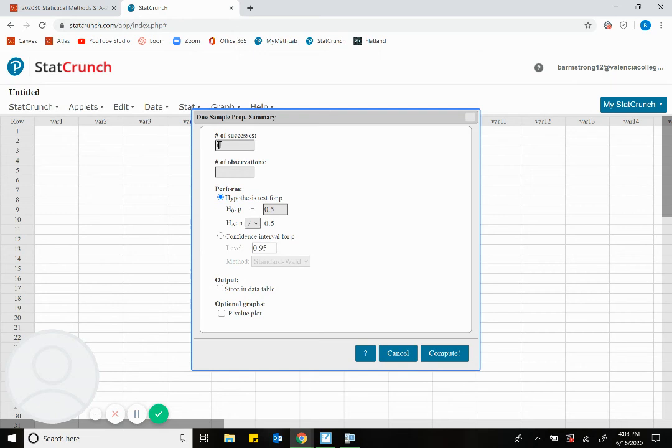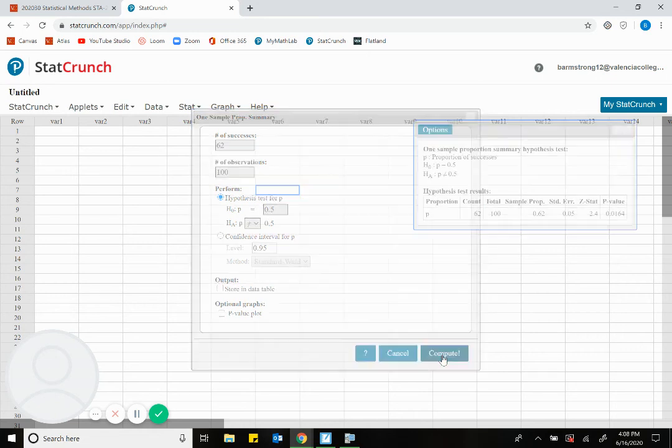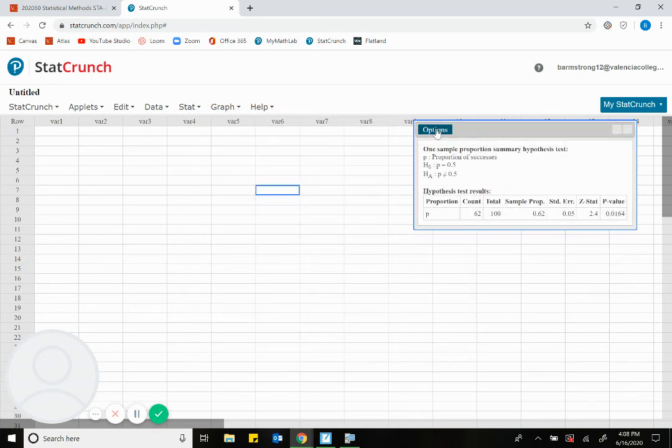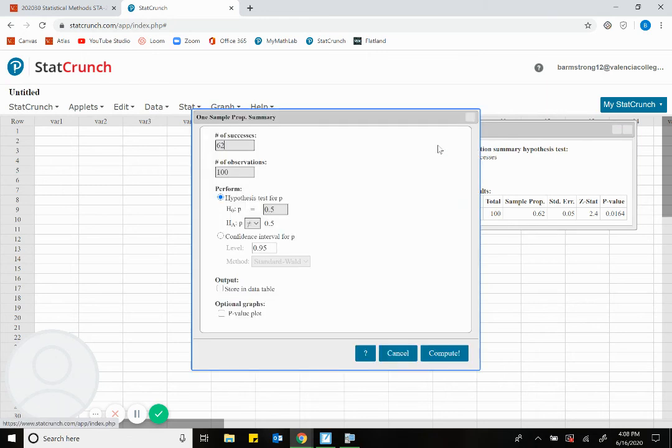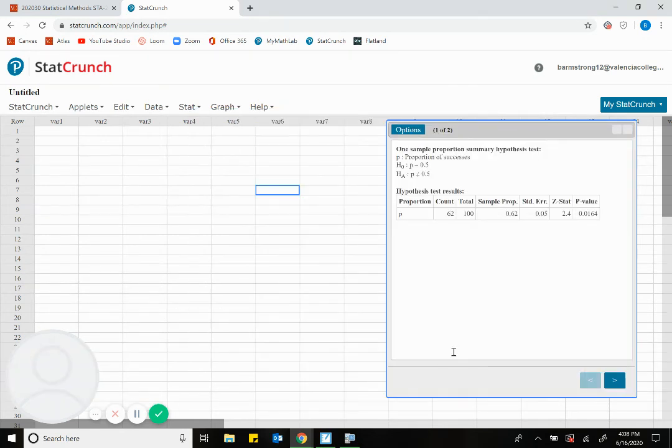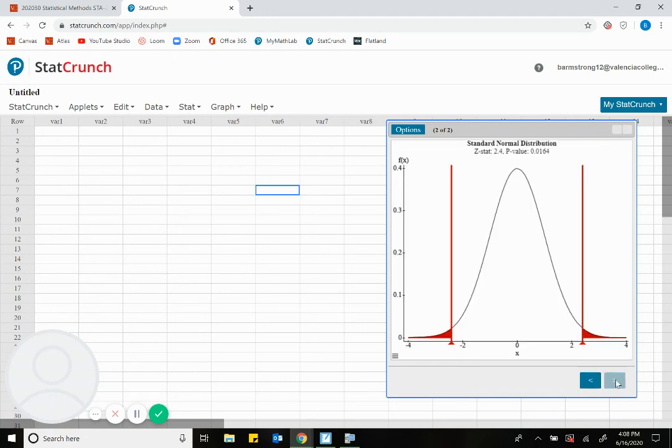So again, 62, 100. It is 0.5. It is not equals. Compute. I think it might graph. Let me look here. Yeah, you could actually have it graph. If you select the graph down here, and push the next, there's your graph. Cool beans.